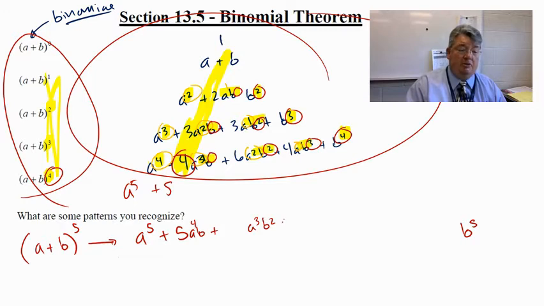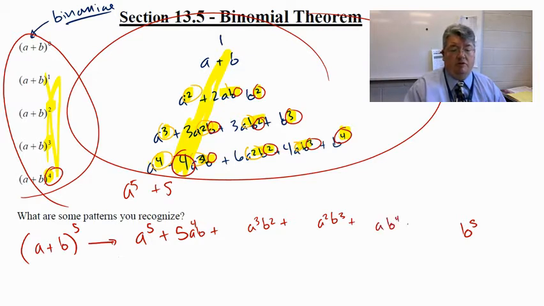And it'll be some number there, plus a squared b cubed, plus this will be 5 a b to the 4th, plus b to the 5th. 1, 2, 3, 4, 5, 6 terms.